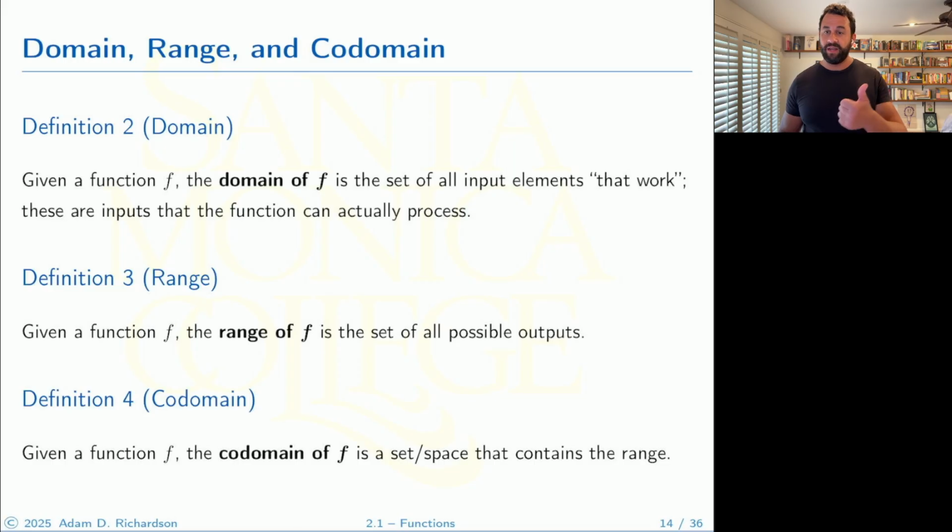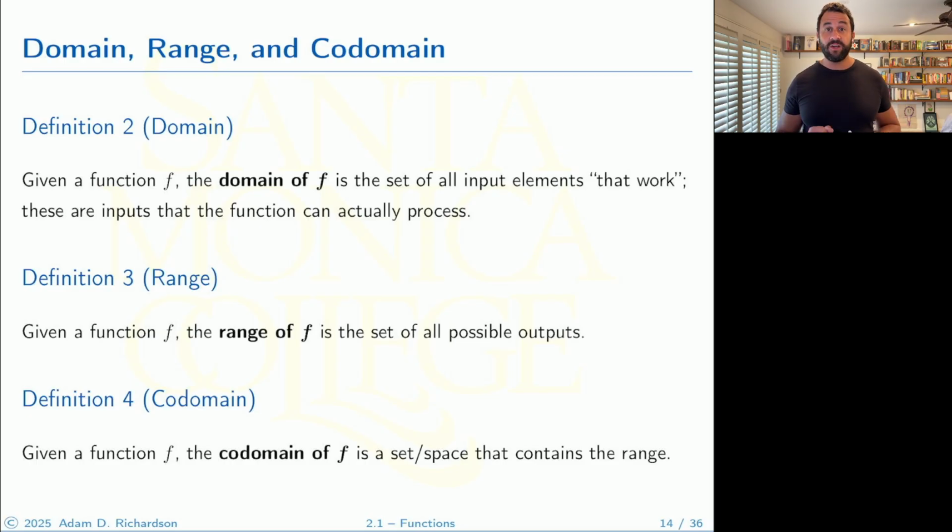So things in the domain of a blender are like fruits, ice cream, ice, yogurt, syrups, these types of things, right? Those are in the domain of the blender. The blender is the actual function. The blender is the box blending things up, right? So I can put fruits and all sorts of good stuff in there. It'll blend them up. And what comes out? A smoothie, hopefully a delicious smoothie.